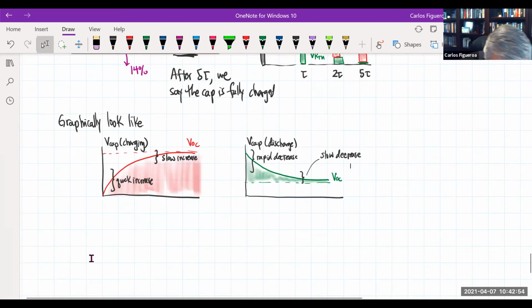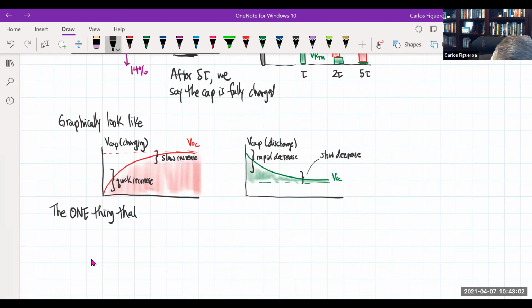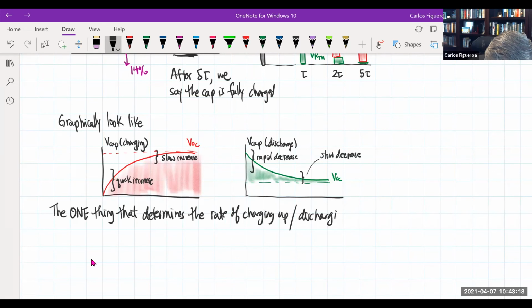The one thing that determines the rate of charging up or discharging is the time constant, which is, of course, R_TH times C. So it only depends on the Thevenin resistance, and it only depends on the capacitance.